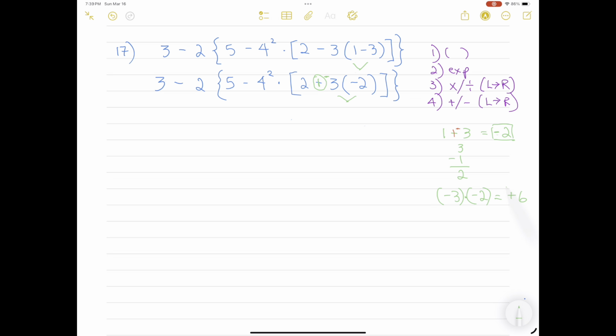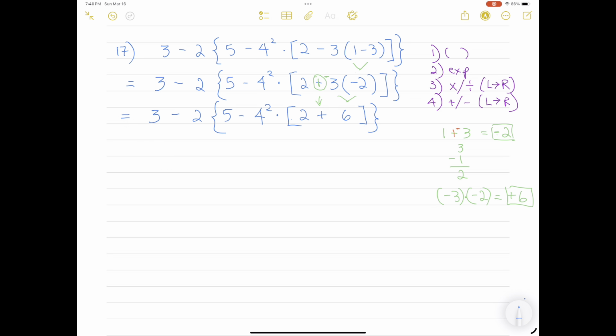So I write down 6 underneath negative 3 times negative 2 on the equation, and then I write down the rest of the problem. I bring down the plus sign, and then I write down 2 in front of it, and I copy down the brackets and the multiplication sign, the exponent, moving over the rest of the bracket, the other multiples, subtraction, and then I start with 3.